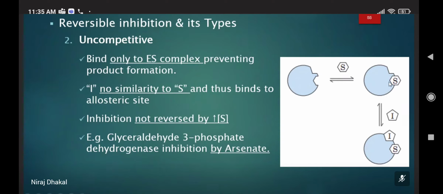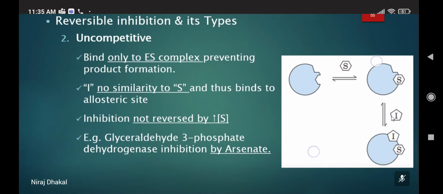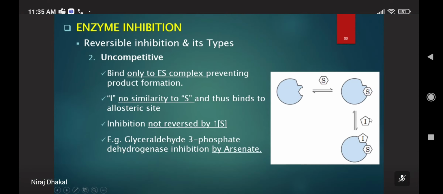Substrate is normally binding to its active site, and there comes inhibitor which binds with the allosteric site, that is other than the active site in an enzyme. Here the substrate and inhibitor are not structurally related, they are very different from each other, so there is no competition by site.